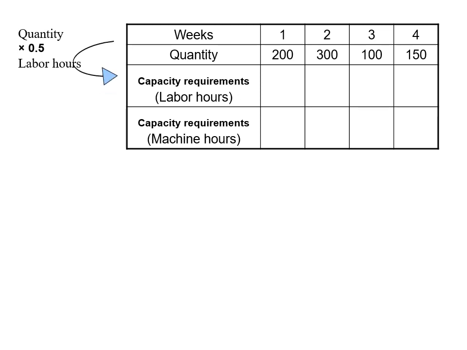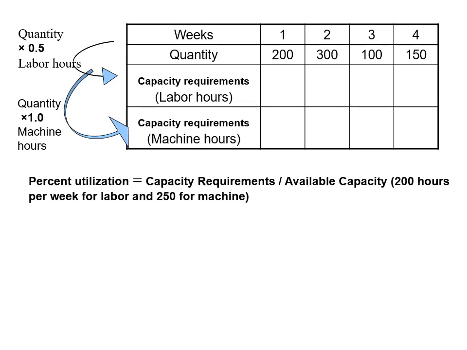As we mentioned before, the quantity in each week multiplied by the labor standard time equals the following. And for machine, we calculate the requirement by multiplying quantity in each week times 1.